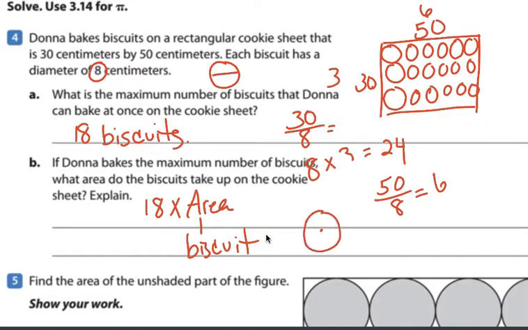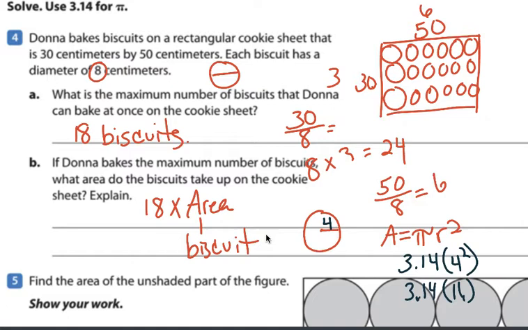To find the area, it is pi times radius squared. I'm going to use 3.14 for pi. Half of 8 means that this has a radius of 4. So 4 squared times 3.14, that would be 3.14 times 4 times 4, which is 16.